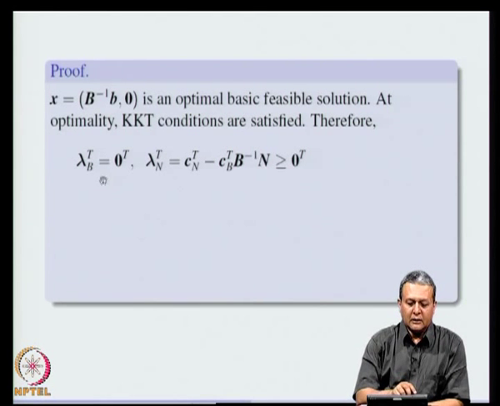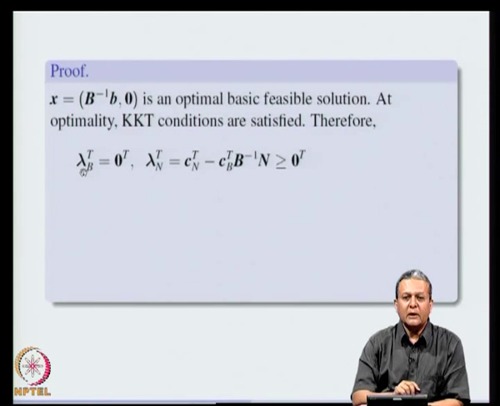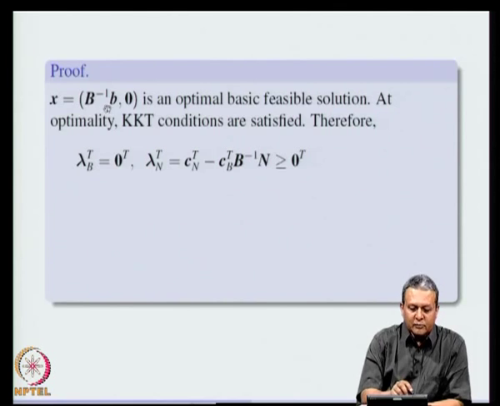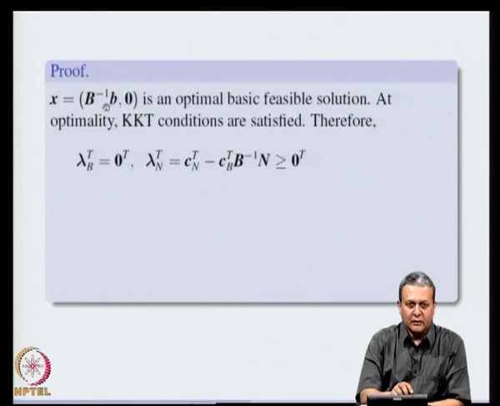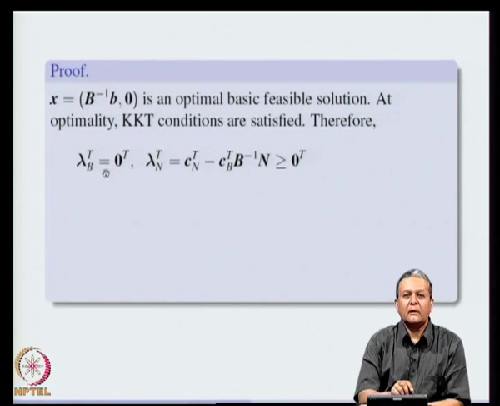we have already seen that because of the complementary slackness condition, if x_B is greater than 0, remember that we are not talking about the degenerate case, but instead we are talking about a non-degenerate case. So, x_B will be greater than 0. Therefore, because of the complementary slackness condition, lambda_B has to be 0, because lambda_i x_i equals 0 for all variables i.